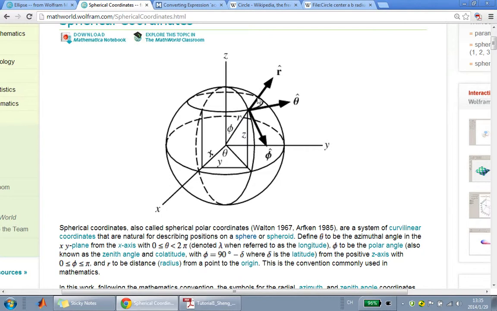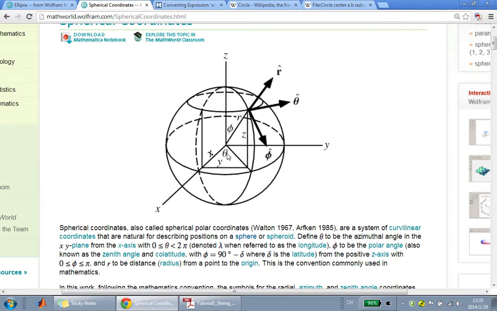And the question is, what's the radius of this circle? It's r sine phi. R sine phi is the radius of this circle.